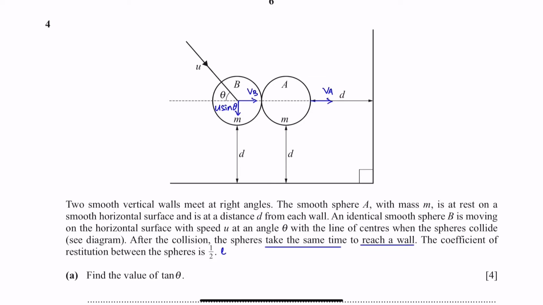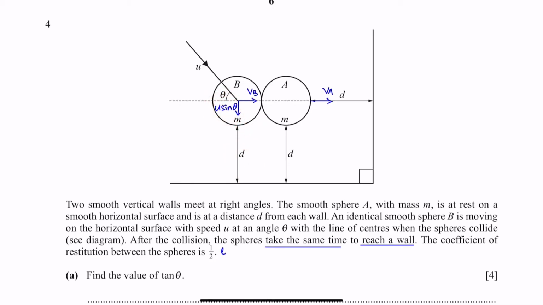So we can see that after the collision, A would travel to the right and hit this wall, B would travel in this direction and most likely hit this wall. So we will need to find VA so that we know the time for it to hit this wall, and we can use the vertical component of B after the collision to see the time for it to hit this wall, since we already know the vertical distance and the vertical velocity.